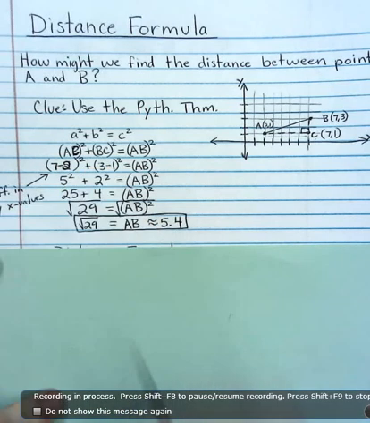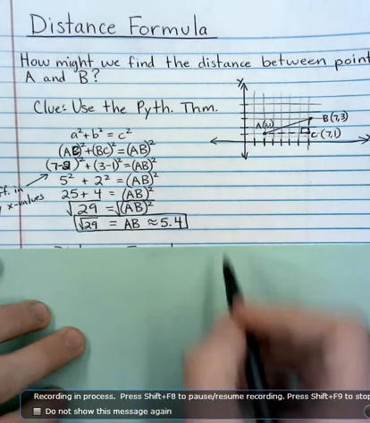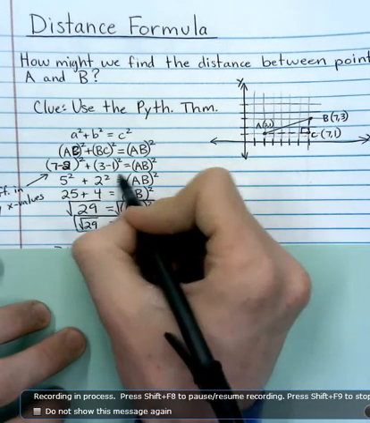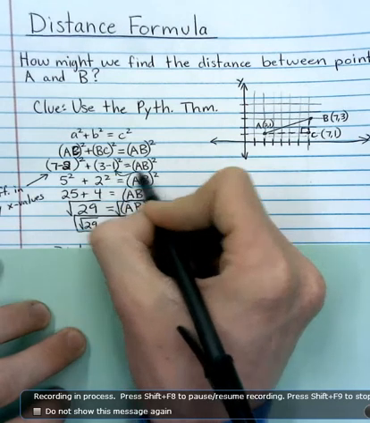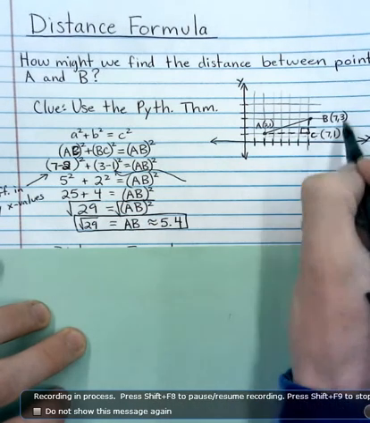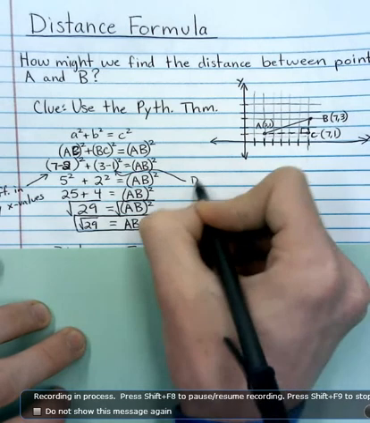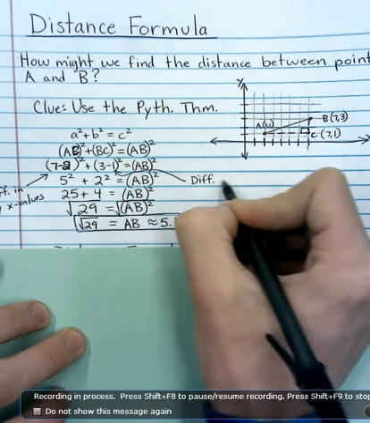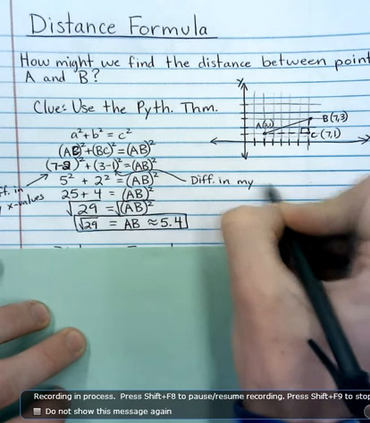You don't have to write that, but just note it. Same with this next part. What does that make this part right here? 3 minus 1. It's the difference in my y values.